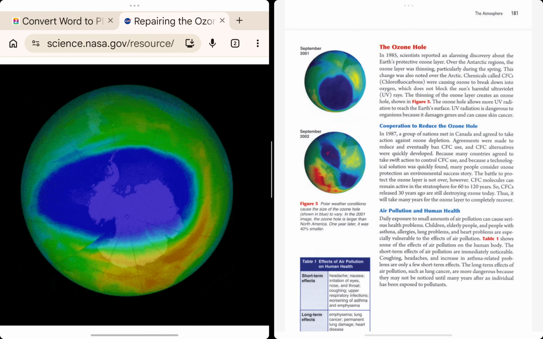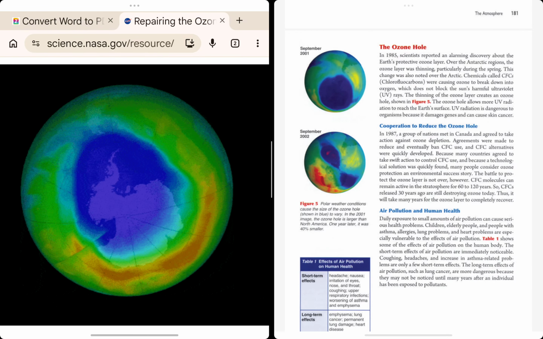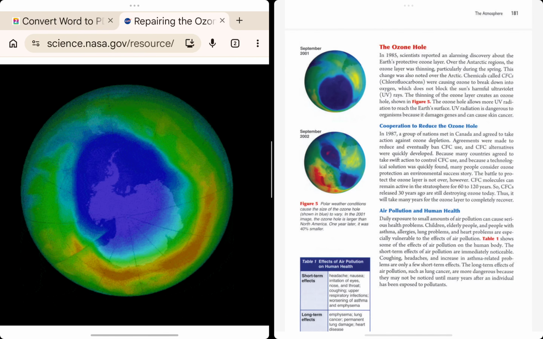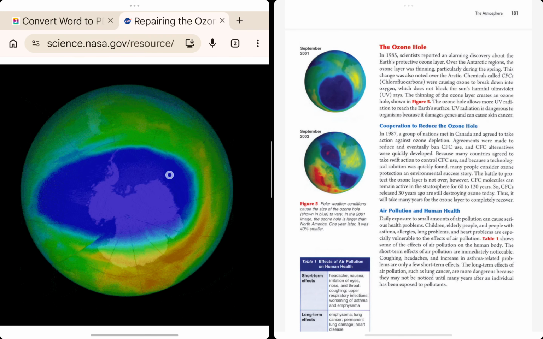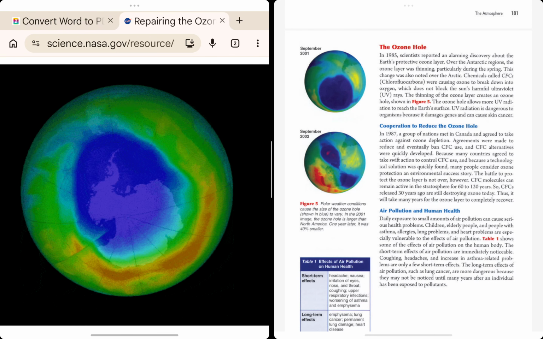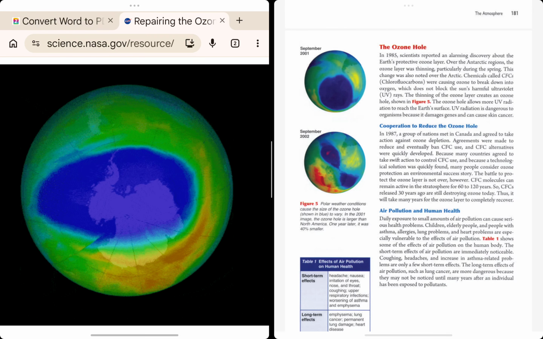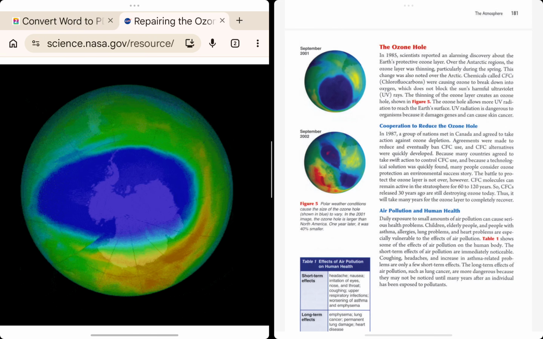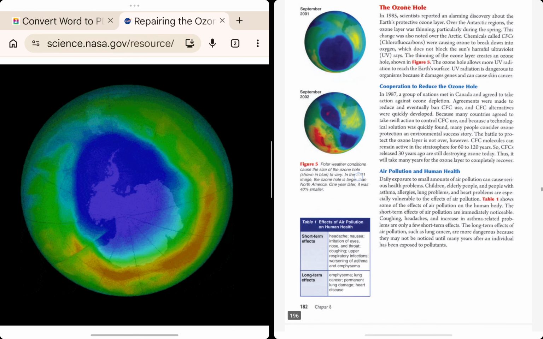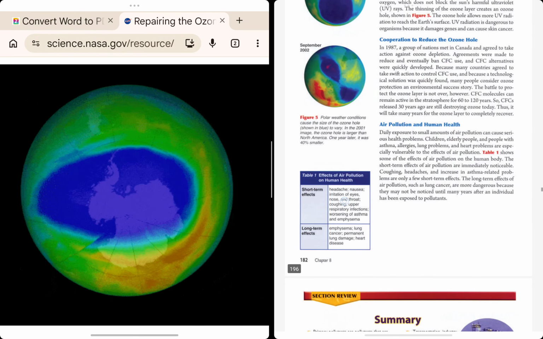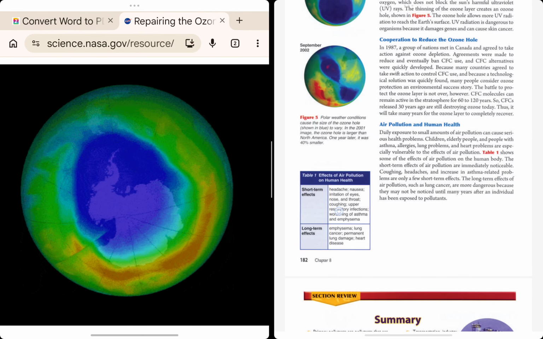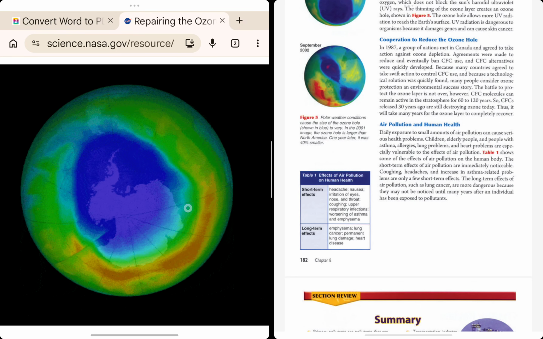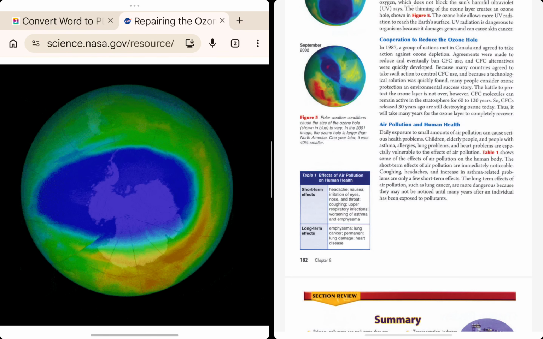They worked together in 1987 and made an agreement to reduce CFC use, and the ozone is slowly recovering, as you can see here. But it could take decades. What we noticed is that it's improving, but it takes time.